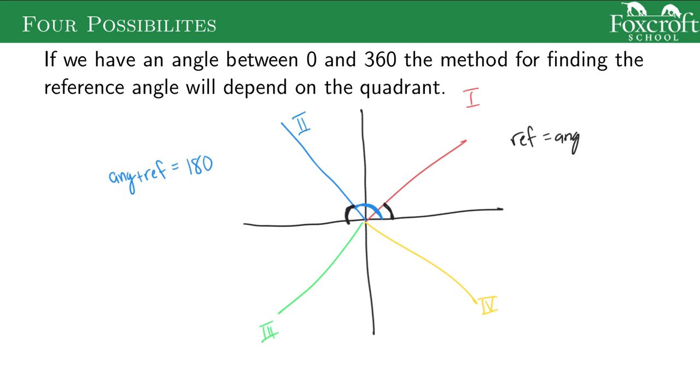In quadrant 3, the reference angle is this little arc there. And if we think about our green arc, how can we combine this in a way that makes sense? If you think about the overlap here, there's a little bit of overlap between those. If I were to get rid of that overlap, I would just have the green arc on the top, which is 180.